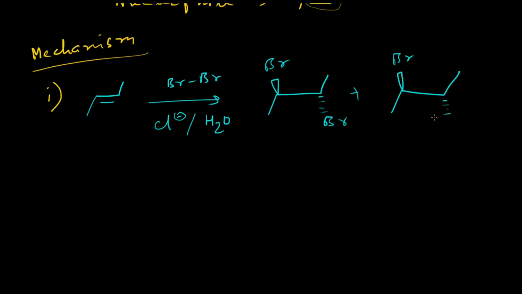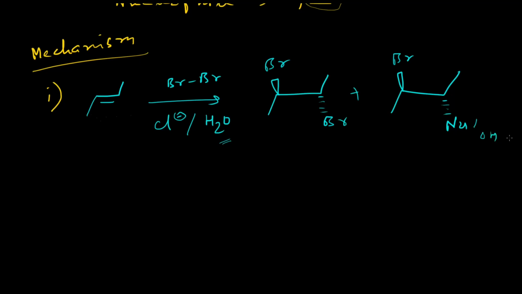where one bromine is now replaced by the nucleophile present in the reaction medium. So if the nucleophile is chloride, then chloride will be in this position, and if a water molecule is present, then OH will be in this position.